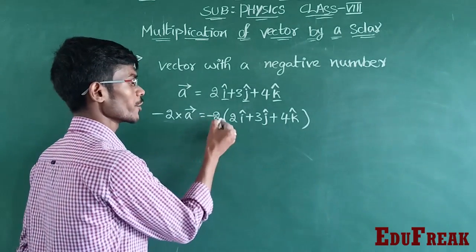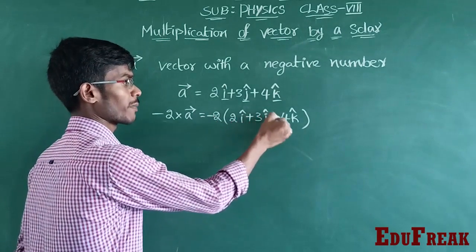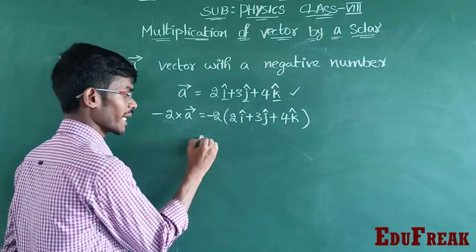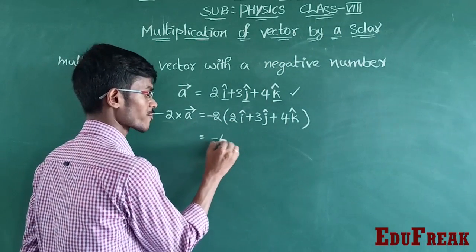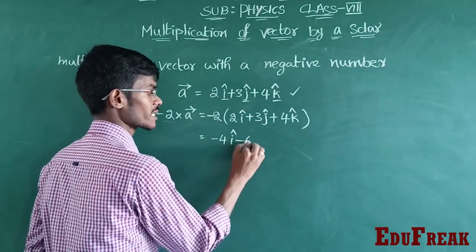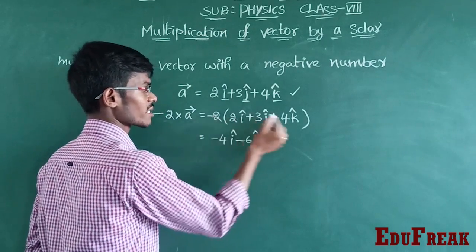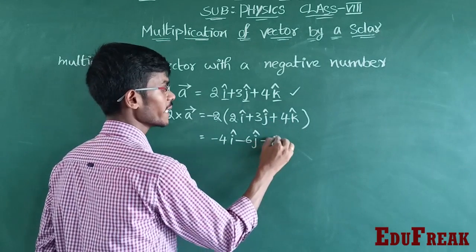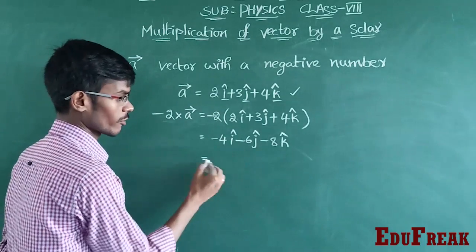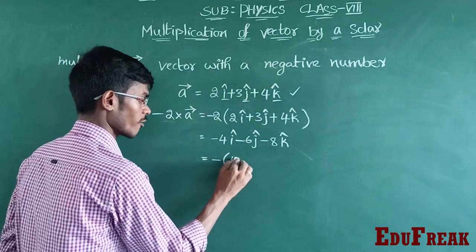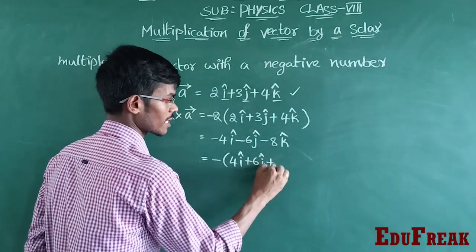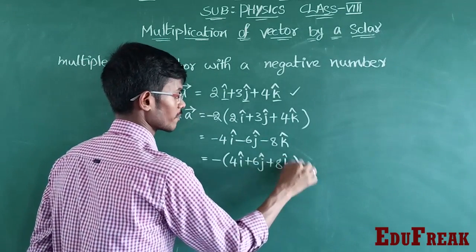So minus 2 into (2i cap plus 3j cap plus 4k cap). Why? Because A bar is given. Then minus 2 into 2 is minus 4i cap, minus 2 into 3 is minus 6j cap, minus 2 into 4 is minus 8k cap. If you take minus common out, we get 4i cap plus 6j cap plus 8k cap.